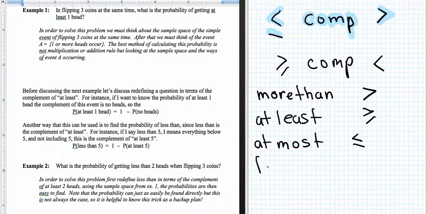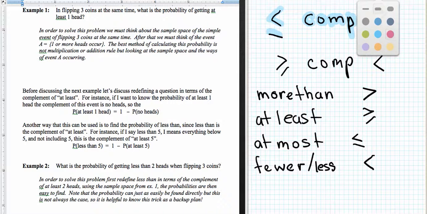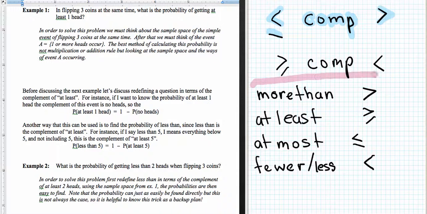And then the other one that I might use would be fewer or less than, right? And those both translate to the strict less than inequality. And so those are a few translations that you may run across that could be important to you.